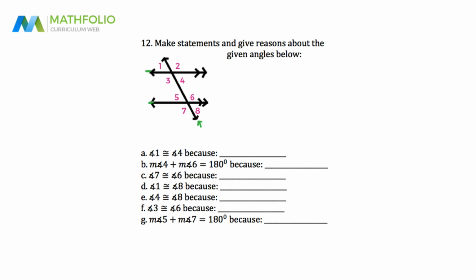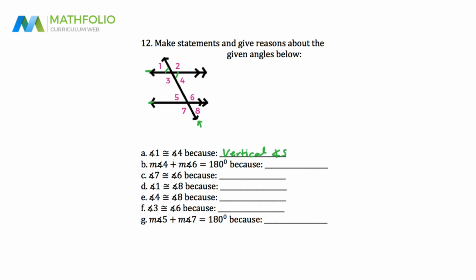So it says make statements and give reasons about the given angles below. Well, the statements are actually given for us here. Angle 1 is congruent to angle 4. And when we look, 1 and 4, the reason is vertical angles. That's the reason, because they're opposite and equal, this and this. Vertical angles. Alright, let's change the color.